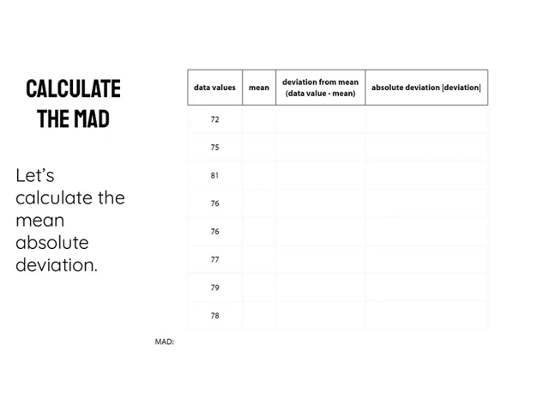When I add all the data points up, I get 614, and there are 8 data points, so I'm going to divide by 8. So I get a mean of 76.75. I'm going to write that the mean is 76.75 for all of these.